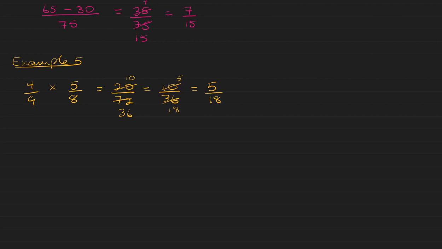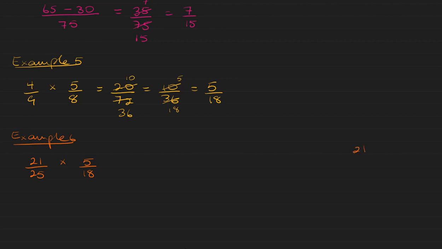Number 6, just to make sure you understand what you're doing. Example 6, as I said, it's just top multiplied by top and bottom by bottom. So we just look at two different fractions now. So the top multiplied by the top is 21 by 5.